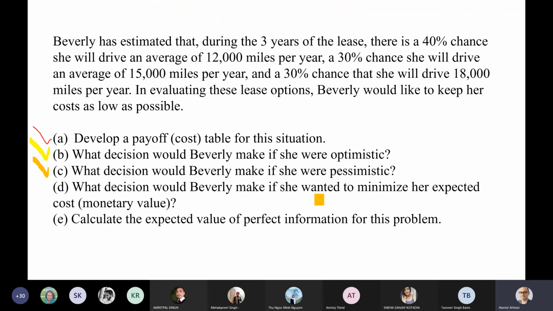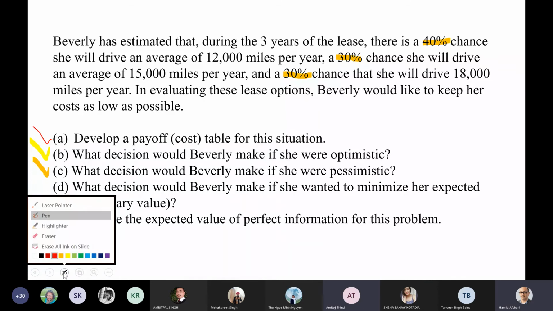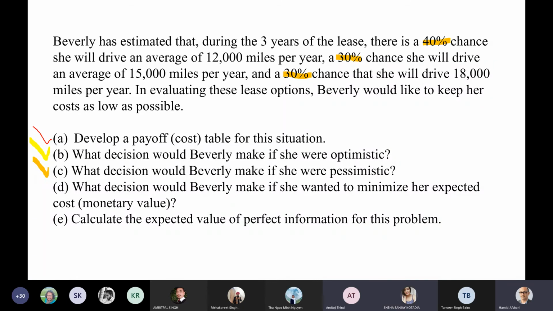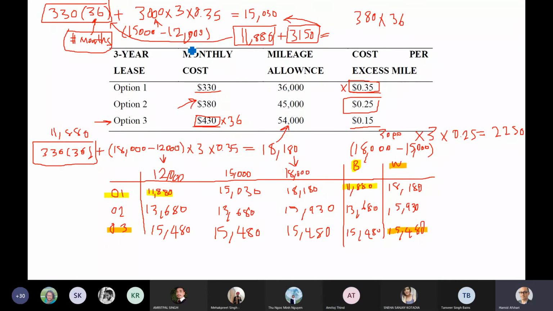What decision would Beverly make if she wants to minimize her expected cost or monetary value? Here we need to apply the probabilities, because this problem is decision making under uncertainty. No, it will be under risk. Okay, so when it comes to decision making under risk, we need to know the probabilities.